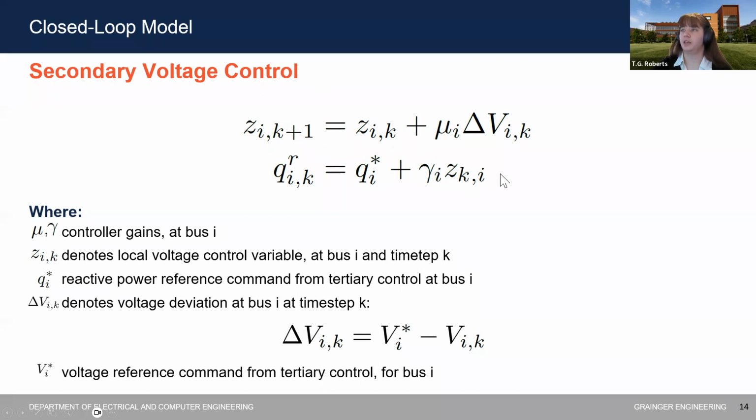If that is updated, it gets plugged into this reference command equation. And again, Qi star is the reactive power reference command from tertiary control at bus I. So this QR reference command will go into the primary control equation for voltage. So this has been the development for the two secondary control equations.